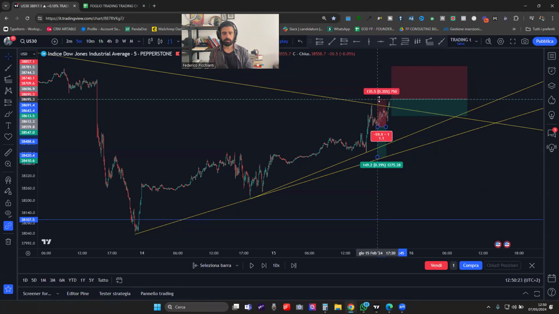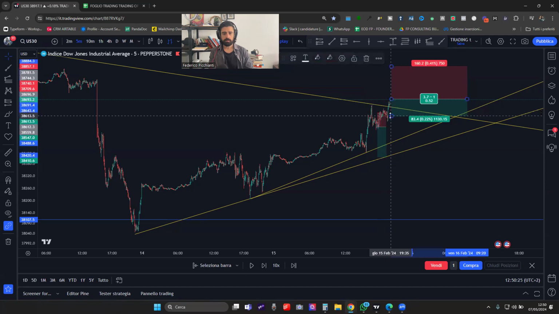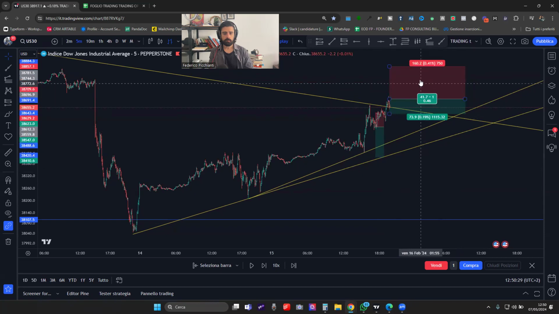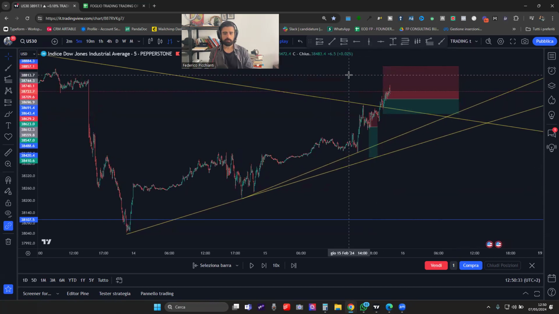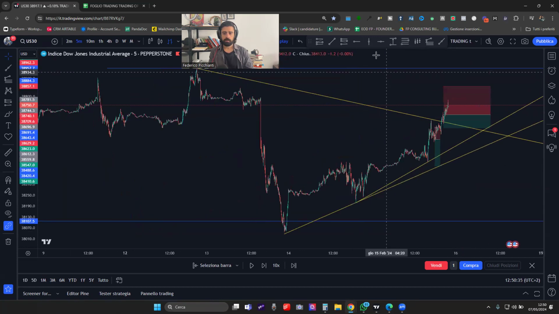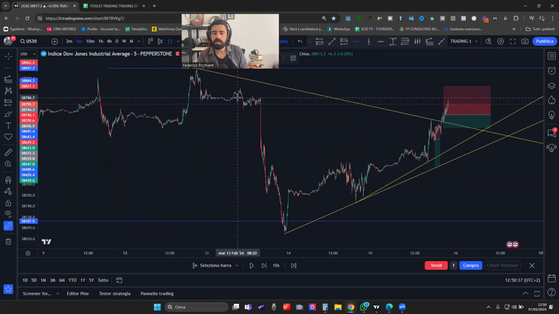So if the market comes down here, I'll close it at break even. I'll try to close the trade at break even. And if it comes up here, I'm going to have to re-hedge this one.